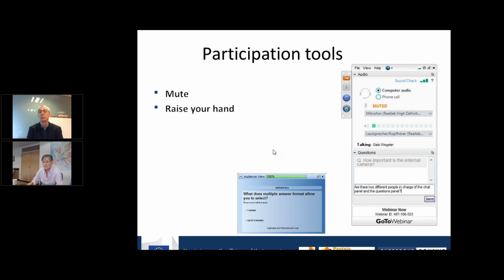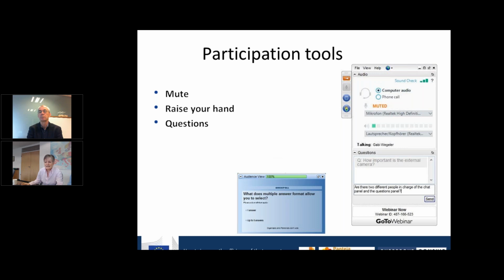If we ask you questions and we would like a yes/no answer, we can ask you to push the raise your hand button. It's also the way that you can communicate with us to let us know that you'd like to say something. So as I said, you're muted from the beginning. If you raise your hand, though, we can unmute you so that you can speak.